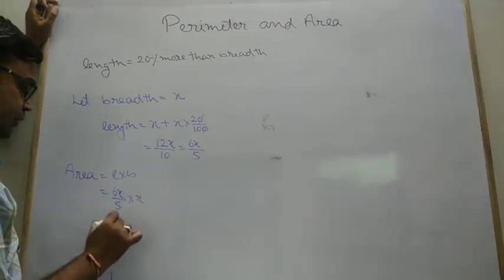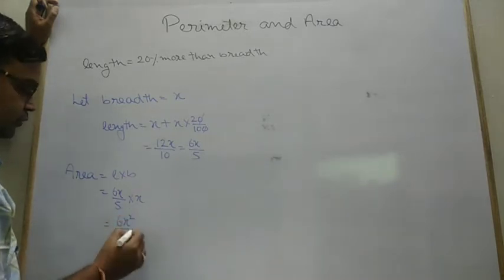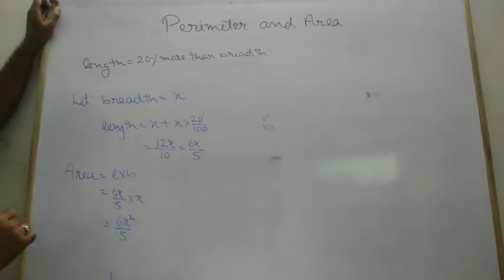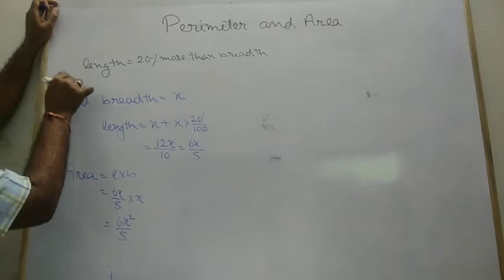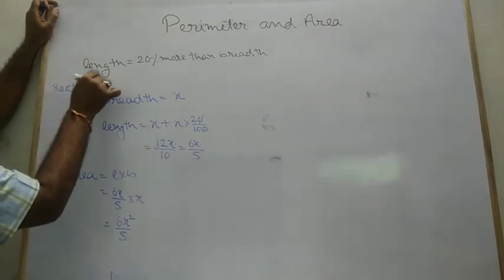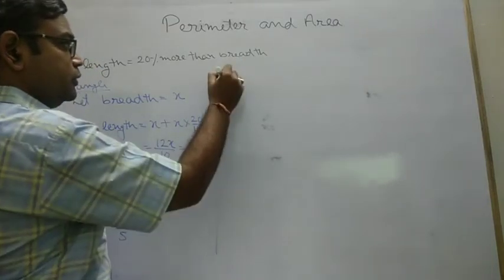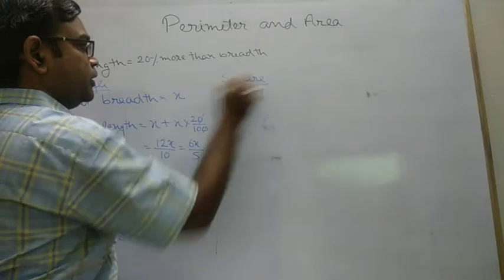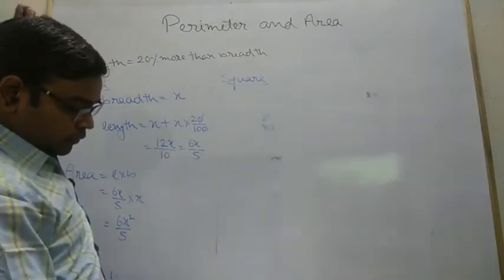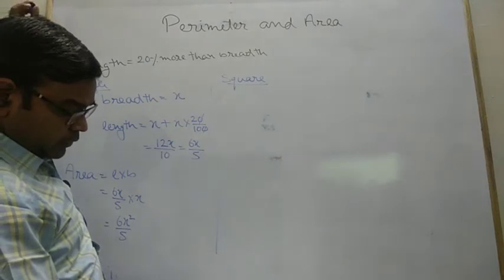It's 6x square upon 5 square units, whatever it is. Now this is the area of the rectangle. Now we are going to find out the area of the square.